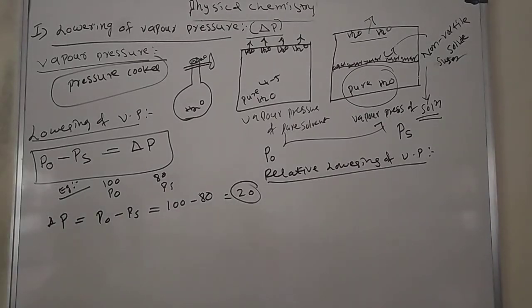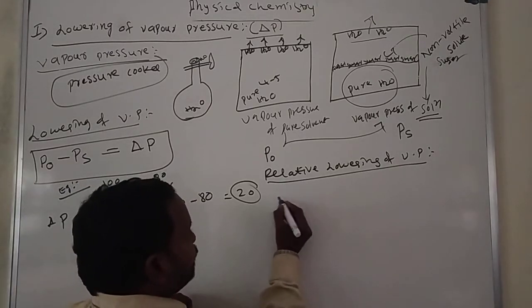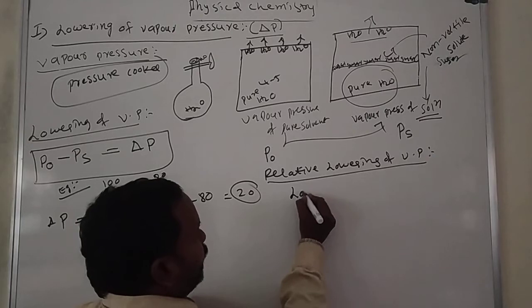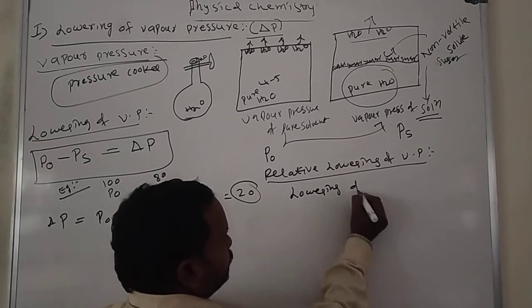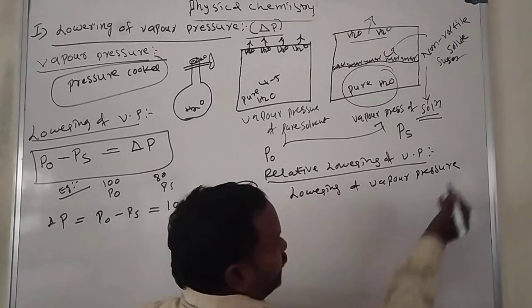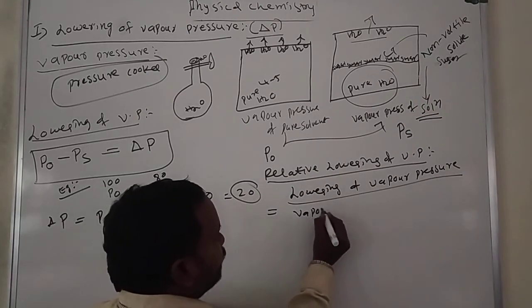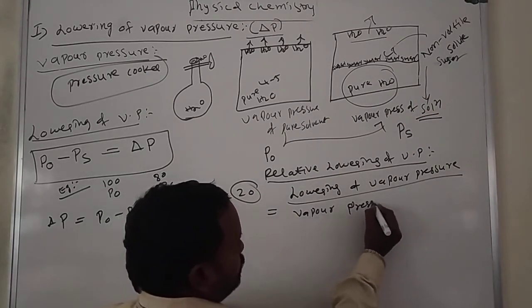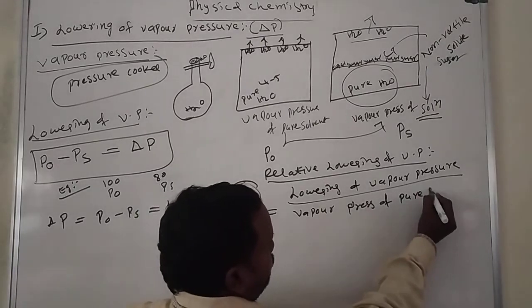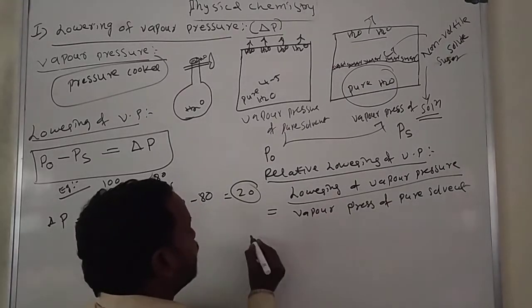The ratio between lowering of vapor pressure and vapor pressure of pure solvent is called relative lowering of vapor pressure.